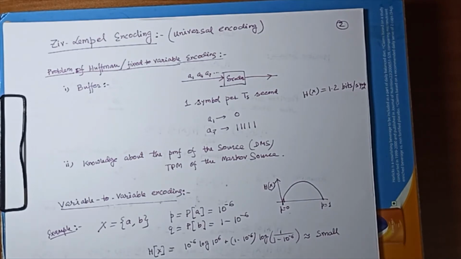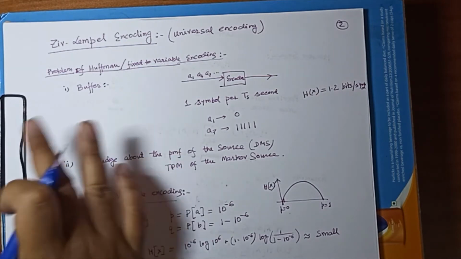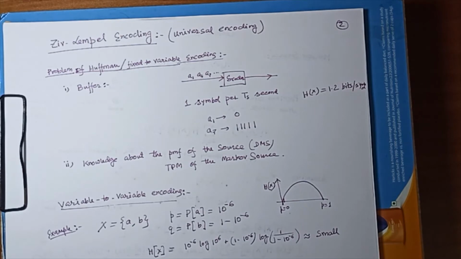Now how do I encode? I expect that I should encode it close to H(X). That is what the Kraft inequality and the source coding theorem say: my objective will be to encode using close to H(X). But how do I encode it?